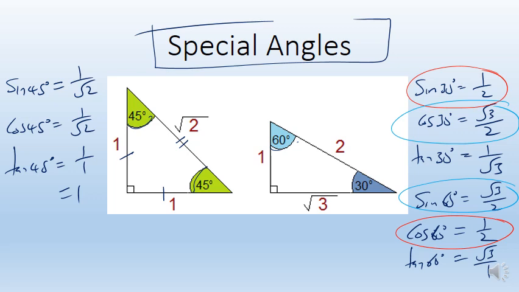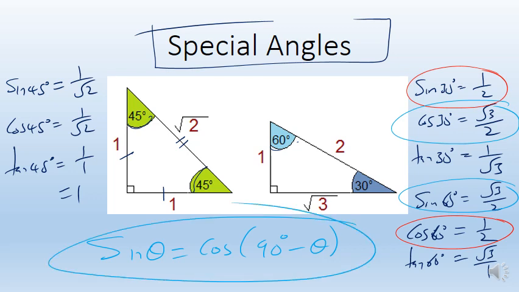Sine of theta is related to cos of some other angle. So we can conclude here, for instance, that sine of theta is equal to cos of 90 degrees minus theta. But you knew that, right? But please remember these special angles.